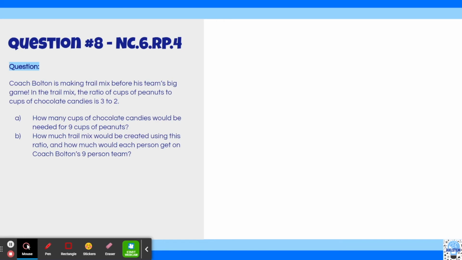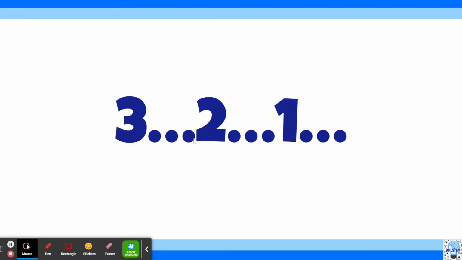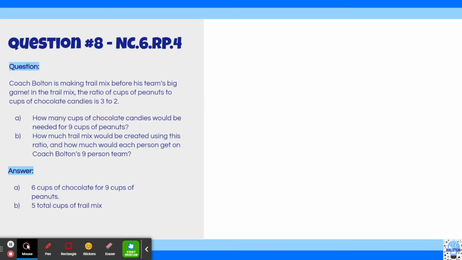Ready? 3, 2, 1. So 6 cups of chocolate goes to 9 cups of peanuts, and 5 total cups of trail mix will be created in total. Okay, so let's do the first part. So how many cups of chocolate candies are needed for 9 cups of peanuts?